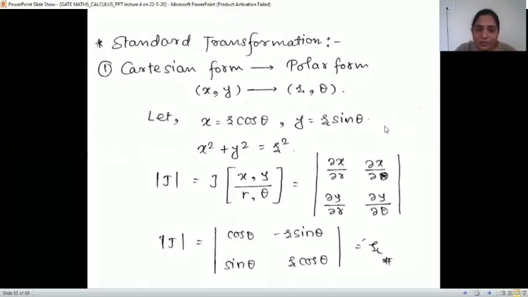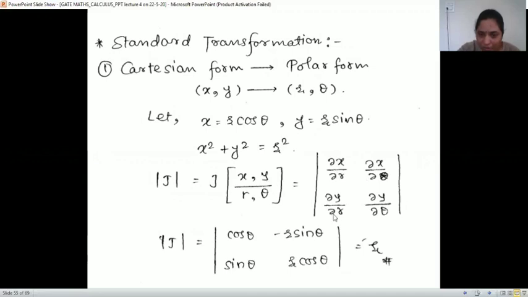There are some standard forms. If you want to convert Cartesian to polar form, we have standard substitutions. X is r cos theta and y is r sin theta. So x square plus y square is equal to r square, and then mod j, that is the Jacobian of x, y and r theta, that is dou x by dou r, dou x by dou theta, dou y by dou r, dou y by dou theta, determinant.